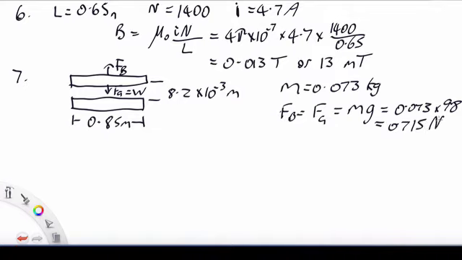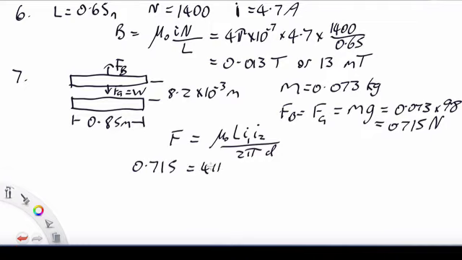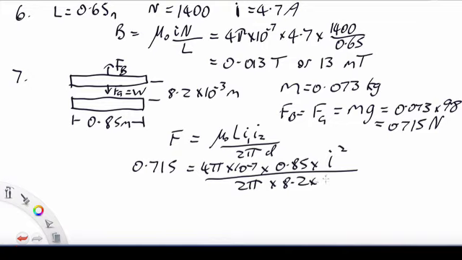0.715 newtons. So we know that force equals mu naught L I1 I2 over 2 pi d. So 0.715 equals 4 pi by 10 to the minus 7 times 0.85 times the current squared over 2 pi times 8.2 by 10 to the minus 3.